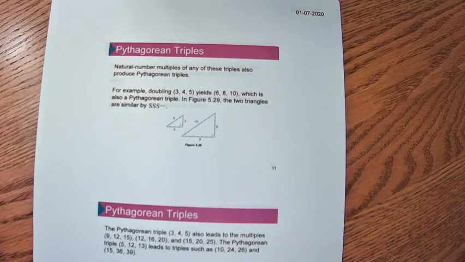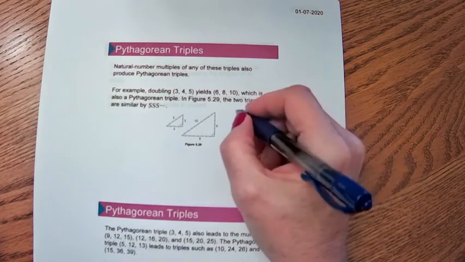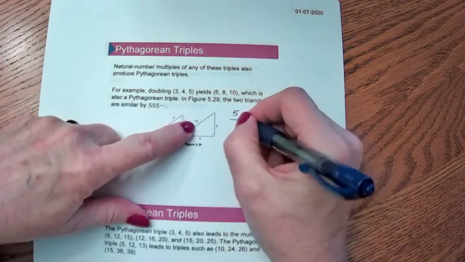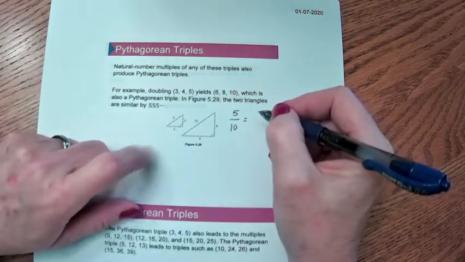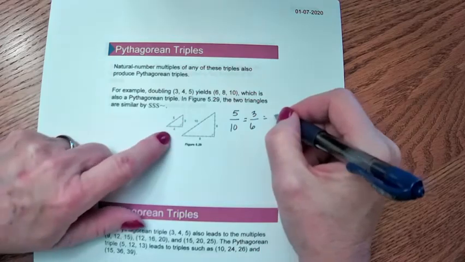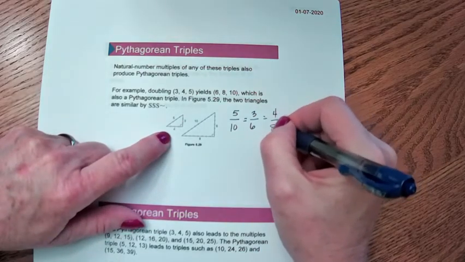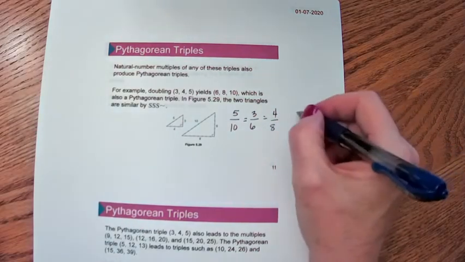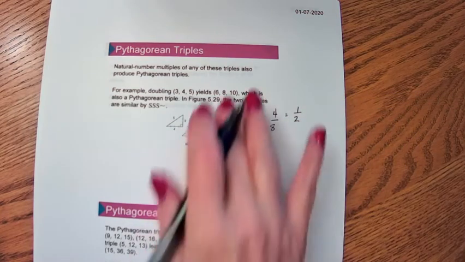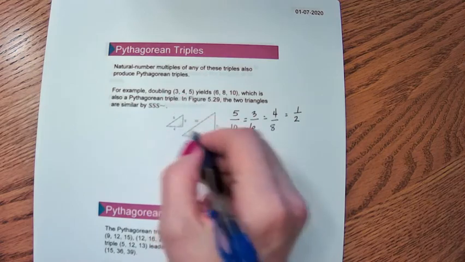These two triangles are similar. Why? Because 5 is to 10, that's the same proportion as 3 is to 6. That's the same proportion as 4 is to 8, which can all be reduced to 1 to 2. The three sides are in proportion.